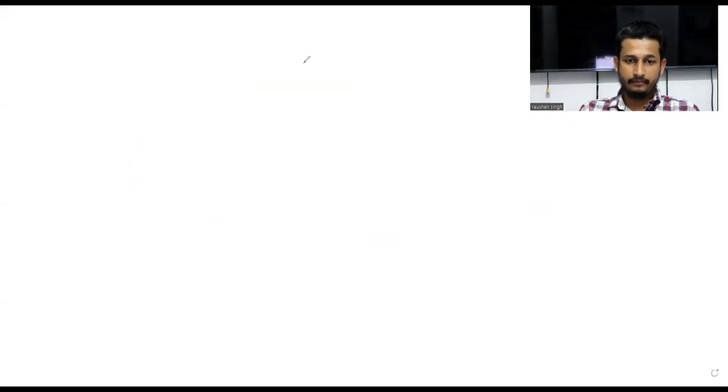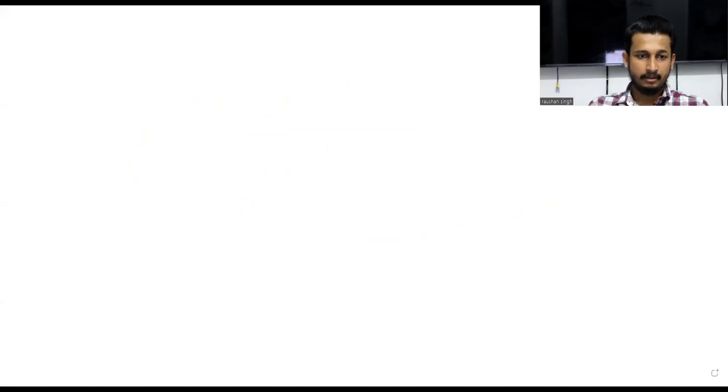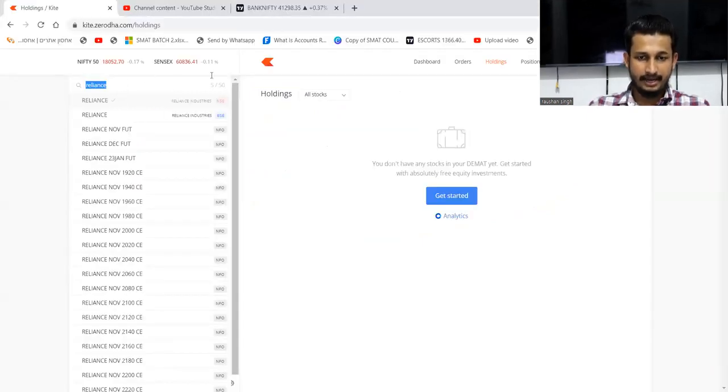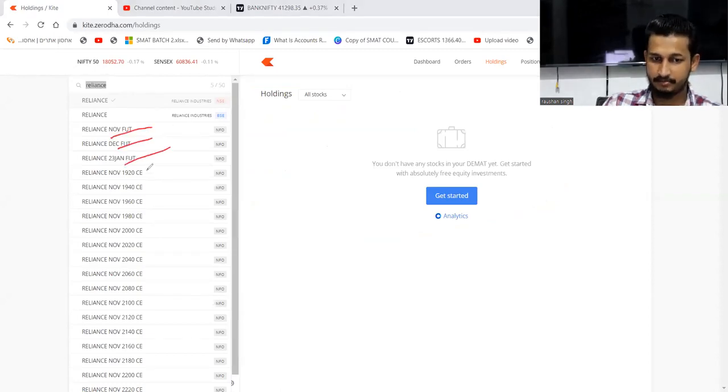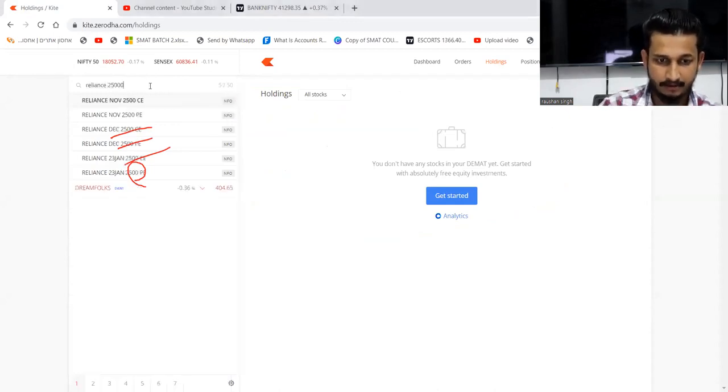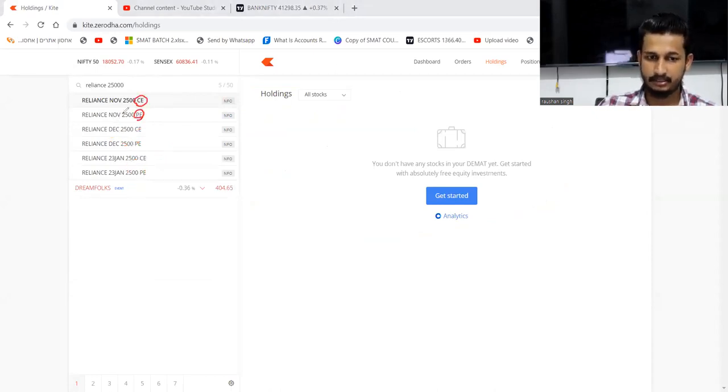You can see that now you understood C, you understood P, and let's say Reliance, I am going for 2500. You understood this is November month expiry, but what is this 2500?